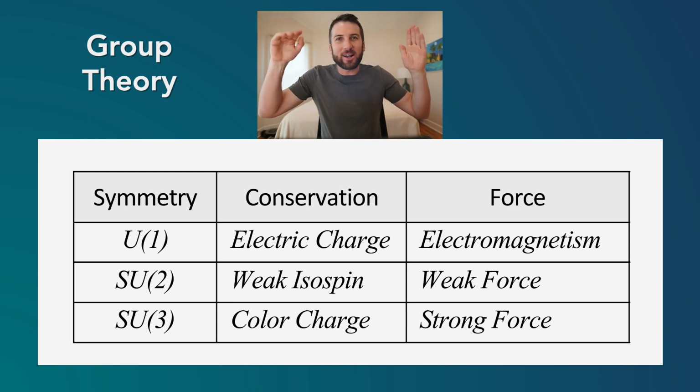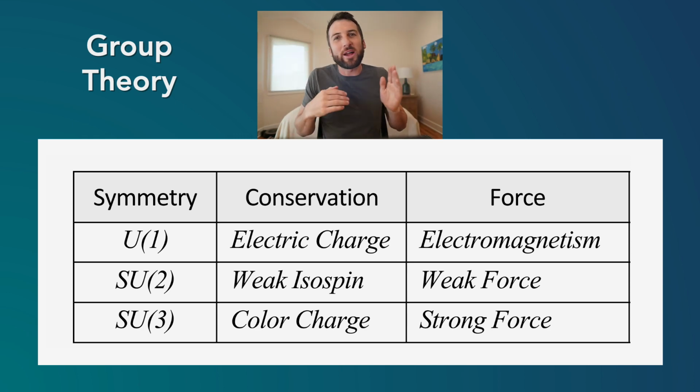An up electron could be this way or this way. It's only about the relative, intrinsic symmetry. So what this comes about is that the electric charge uses this unitary one symmetry. So all the rotations of one complex number. So you have that symmetry combined with the principle of least action and Noether's theorem. Now this produces the conservation of electric charge.